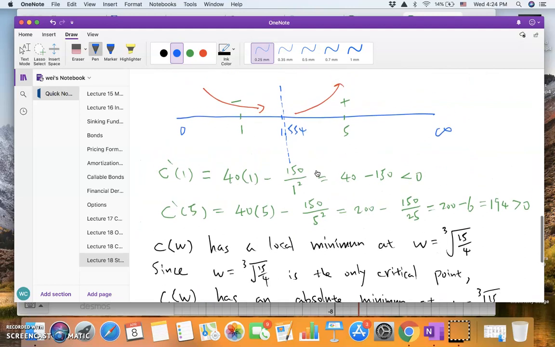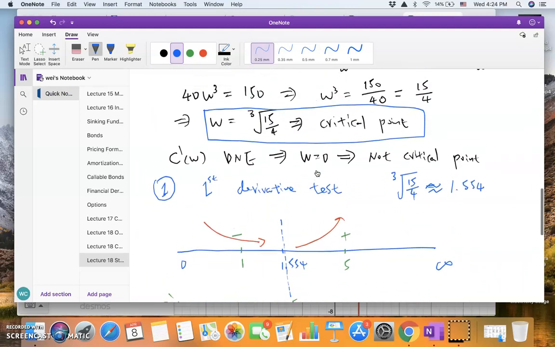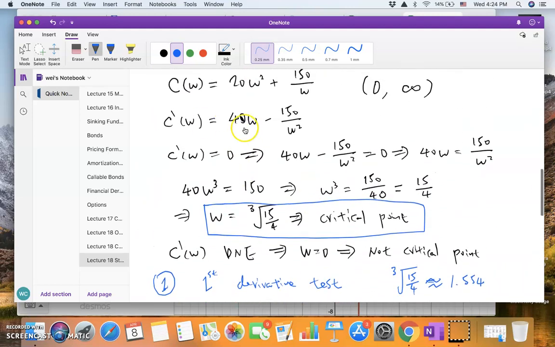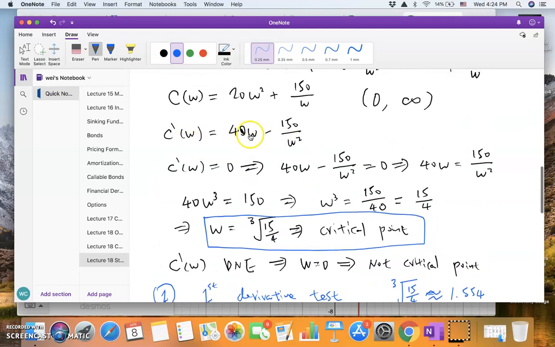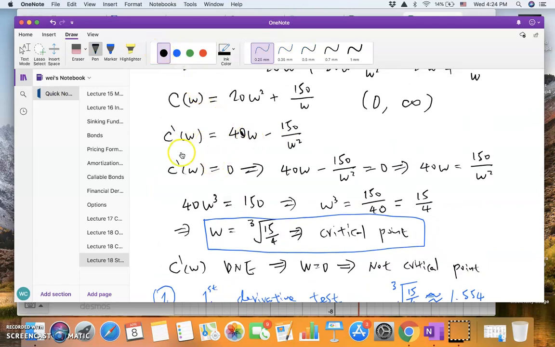Now, to use the second derivative test, we need to find the second derivative of the function c of w. So I take the derivative here.